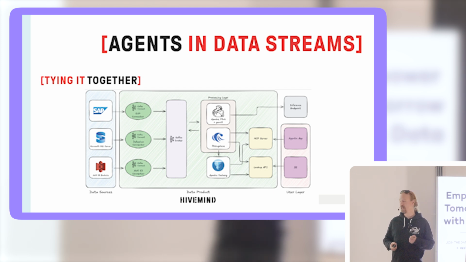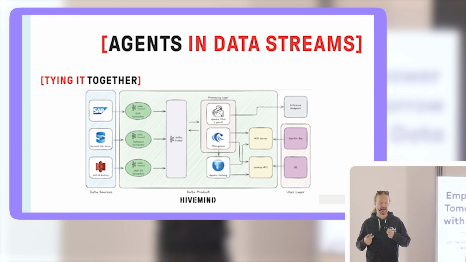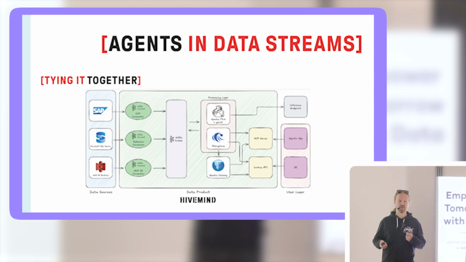We land that in Iceberg, and we can use the Iceberg landed data, connect that to our generative AI apps with an MCP server, or connect directly to our platform using Flink's integration tools for MCP applications.